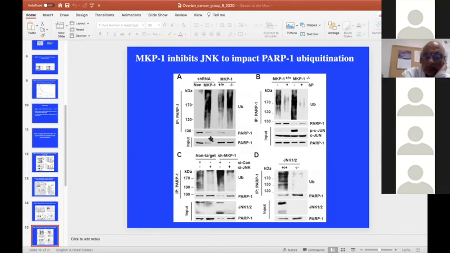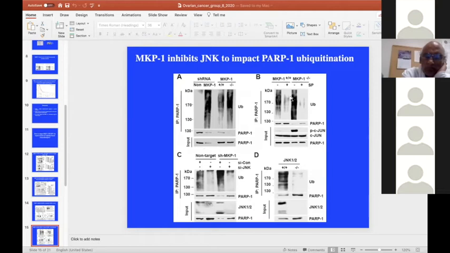And also here shows that if MKP1 is knocked down, we can see a low level of PARP1, and also a low level of cleaved PARP as well.